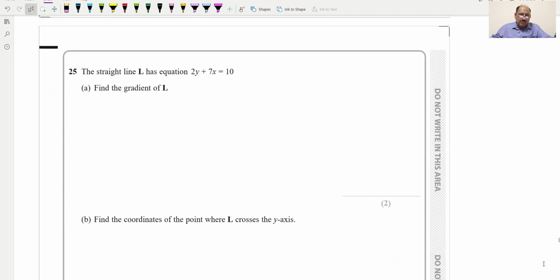Now question number 25, and question 25 says the straight line L has this equation. Find the gradient, and for the gradient what we have to do? We have to write this equation in the form of y is equal to mx plus c, and this will be our gradient. Now we can shuffle this equation. We can shift 7x to the other side, so 2y is equal to minus 7x plus 10.